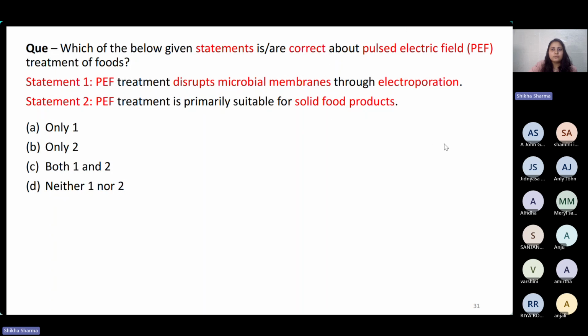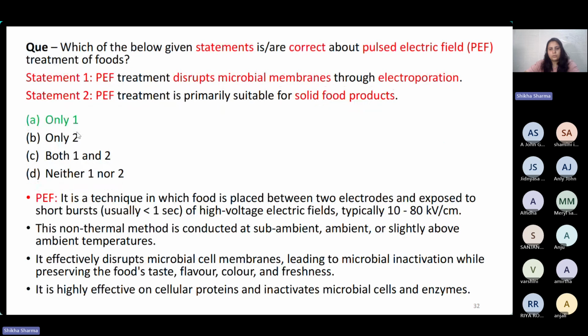We need to say which statement is correct. Anyone who would like to answer? Okay, so only one statement is correct here.